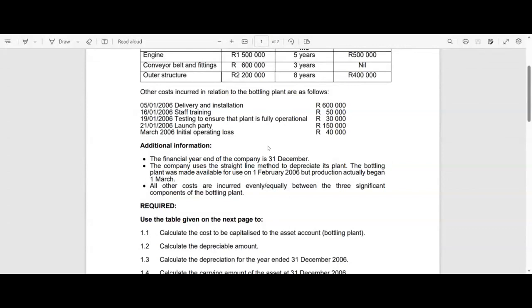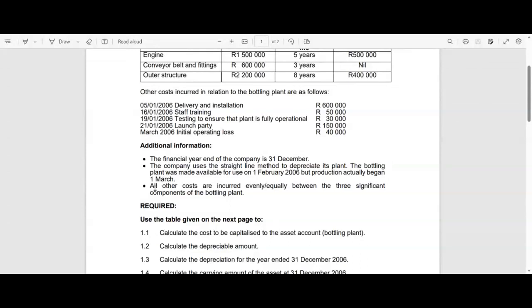So we've now got 3 dates. We've got the acquisition date, we've got the date when it became available, and we've got the date when production actually began. So we'll have to take a decision later on when we calculate depreciation, from which date we are going to calculate the depreciation.